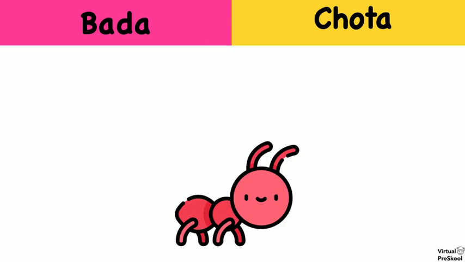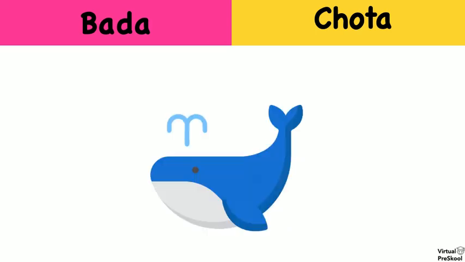Cheetah. Now, what do we say for cheetah? Bada, badi, chota, choti. We would say cheetah choti hai. And what about the whale? Whale is bada, badi, chota, choti.